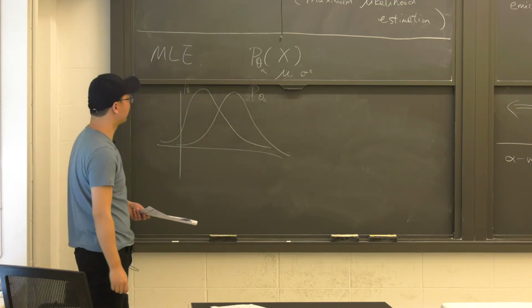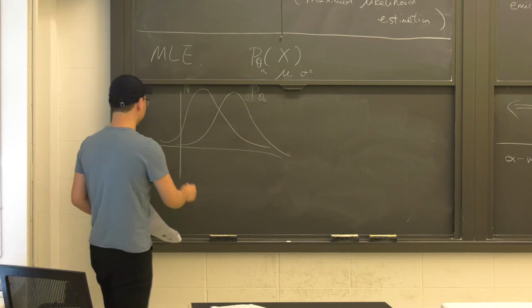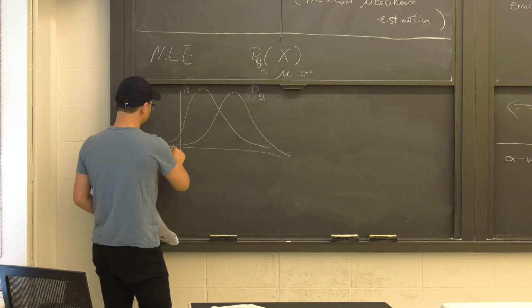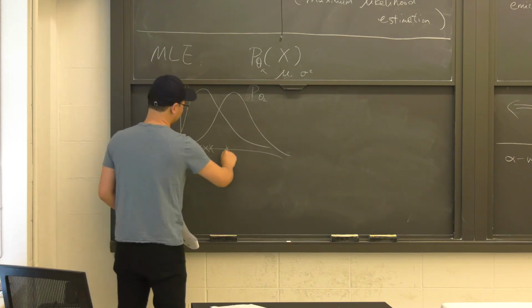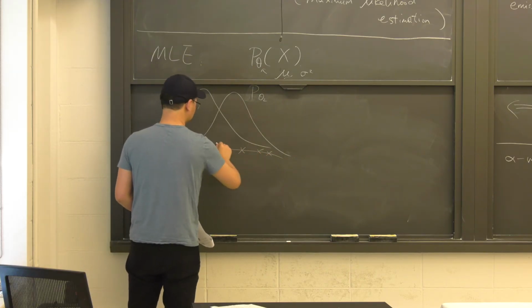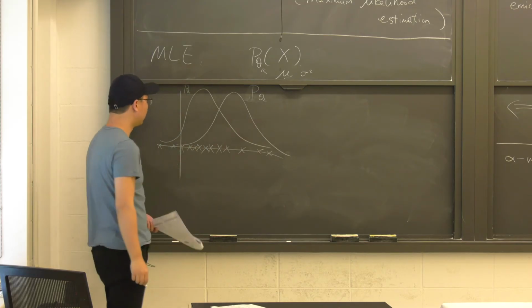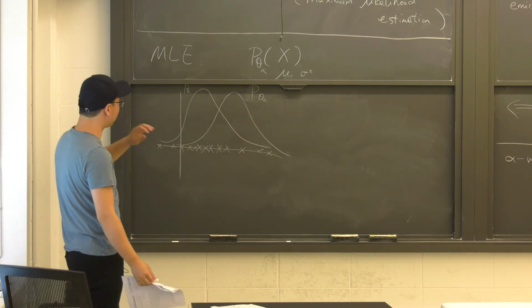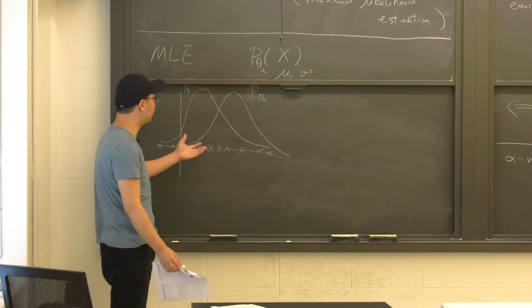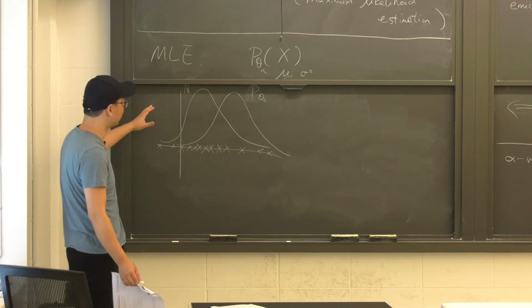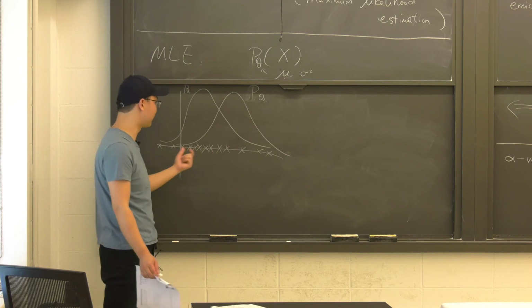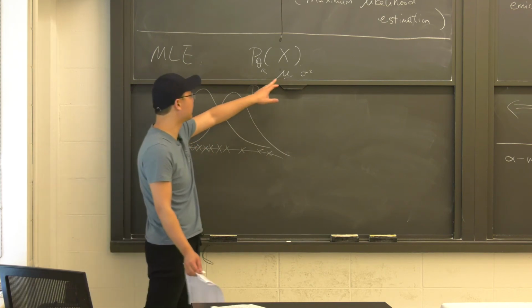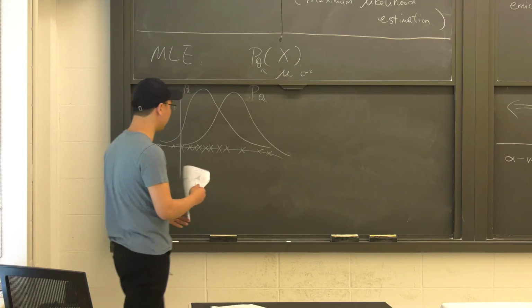And we will observe a lot of data x, something like here. Once we observe the data, we want to estimate the parameter of this distribution. For example, if we already know this data comes from a Gaussian distribution, we want to estimate the mean parameter and the variance parameter.